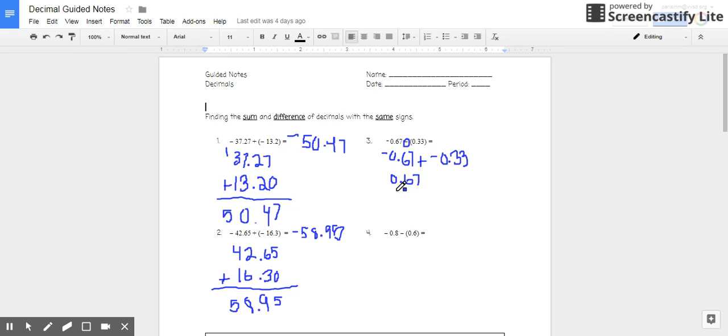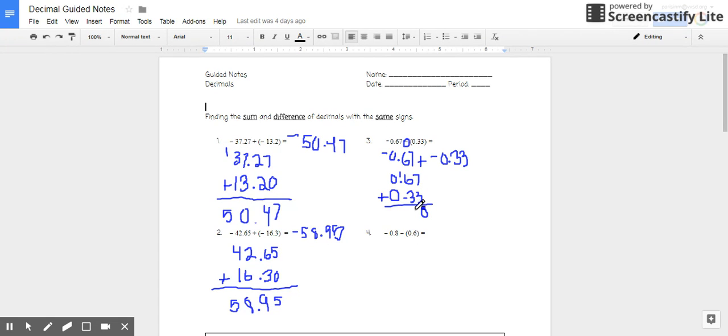So I want to find out how far left I'm actually going. So I'm going to add these together. Make sure your decimals line up. And I have a 7 plus a 3 is a 10. So 0, carry over the 1. Now I have 6 plus 3 is 9.